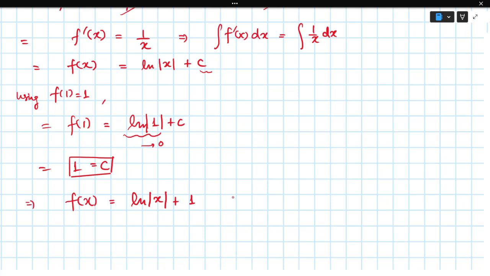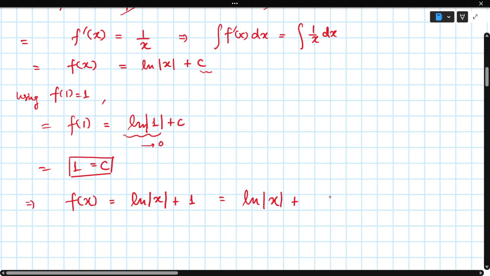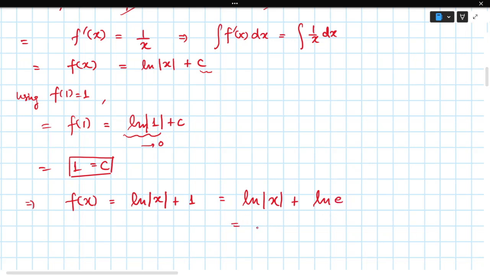Now one can do a manipulation: we can rewrite 1 as ln|e|, or simply ln e. Since ln m plus ln n gives ln(m times n), we get ln|x times e|. So this is your function f(x).